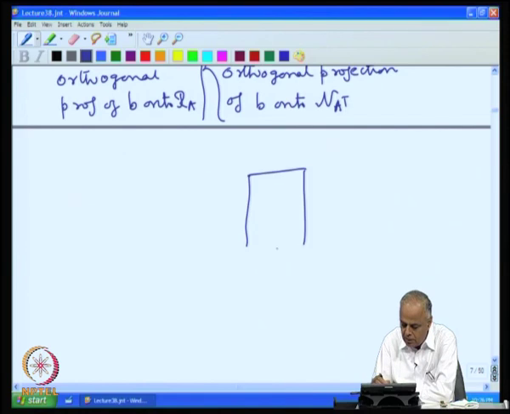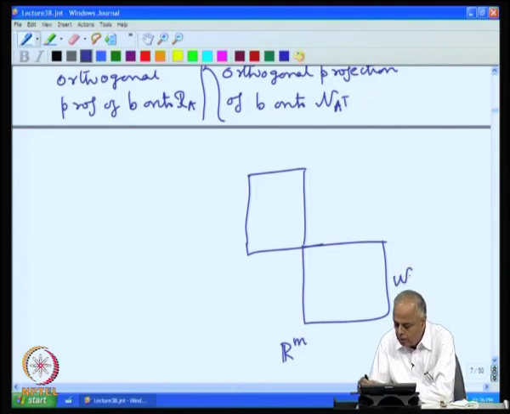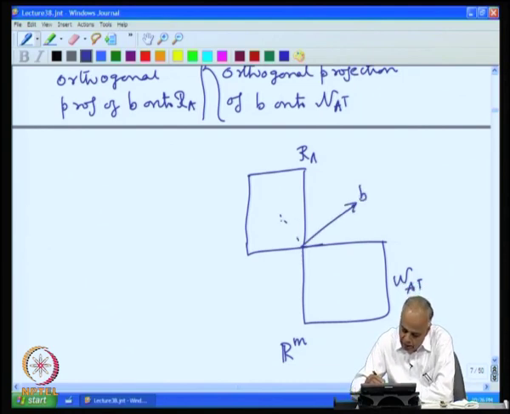It is like this: we have R m, and in R m we have the null space of A transpose and the range of A. B is some vector, and it has been orthogonally projected onto these two subspaces.